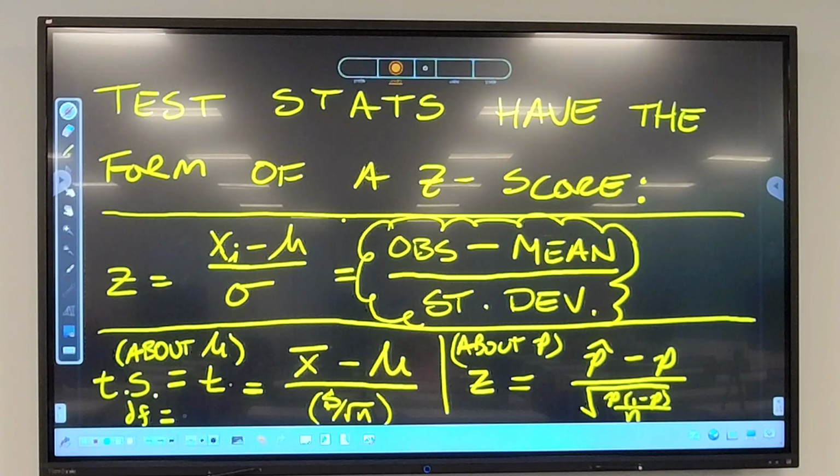Back then it was easy, it was just n minus 1. All right, now it's going to change, because there's more than one category now, right? You're going to have 2 different means, and so the degrees of freedom is a much different number.